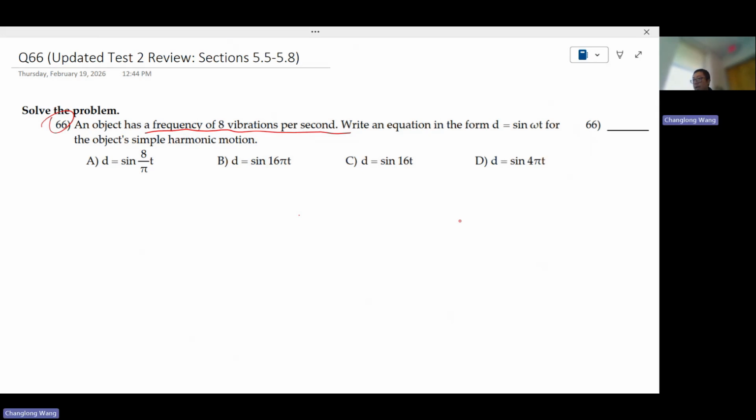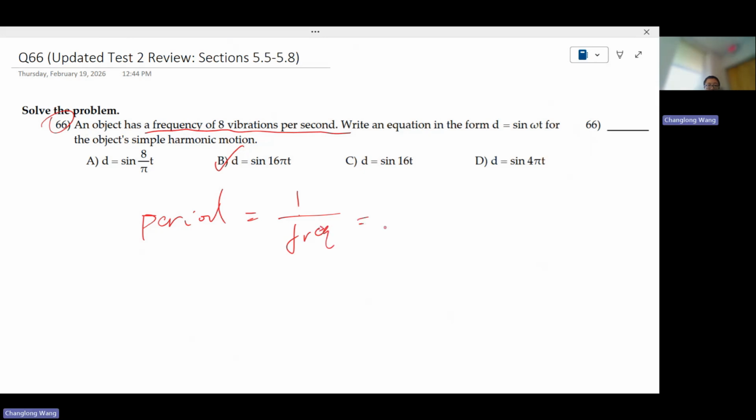All right, so yeah, it's almost the time. Let me tell you that it's the letter B. All right, so the way it works out is, now again, I'm a big fan of the period. So when I see the frequency, I'll invert it to get the period, which is 1 over the frequency, right?